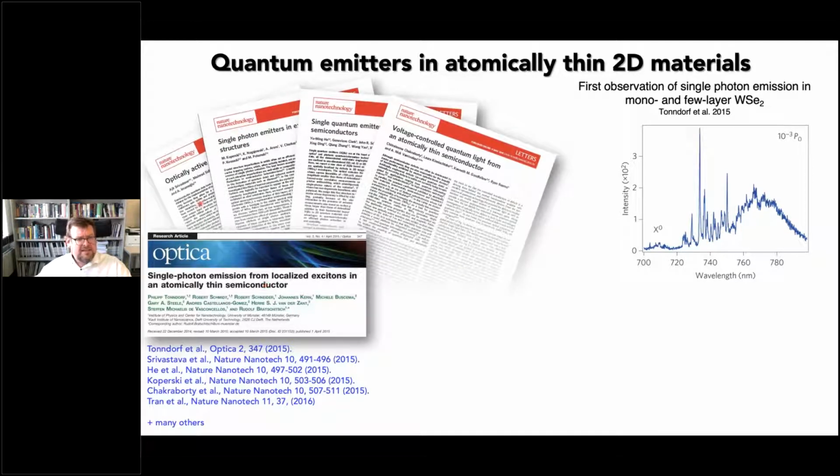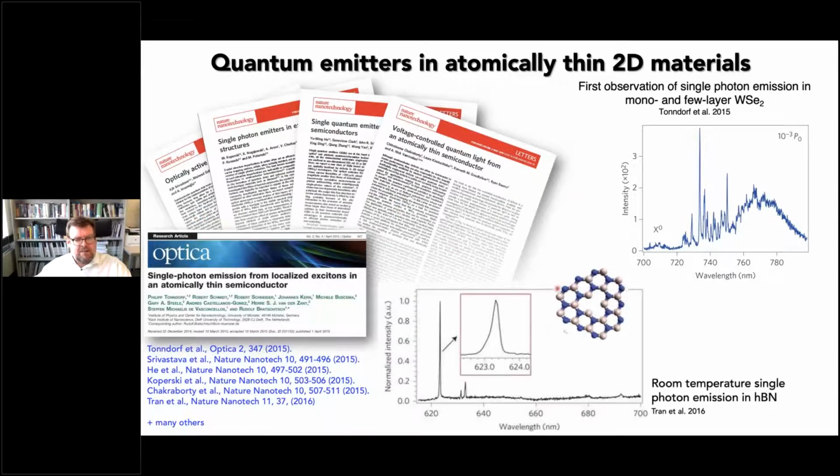About a year later, 4 papers were published back-to-back in Nature Nanotechnology, all reporting similar phenomenologies. People have seen that at room temperature in boron nitride you can form defects, and this particular defect has very bright single photon emission even at room temperature. So these are some really interesting systems to look at.